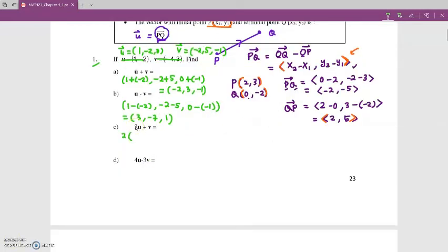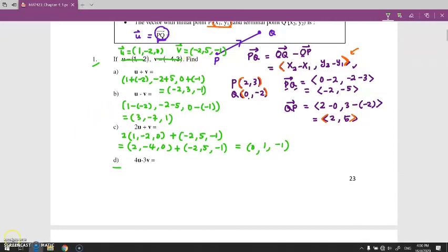For C, 2U plus V. So this one you will get (2, -4, 0) plus (-2, 5, -1). So you will get 0, negative 4 plus 5 is 1, 0 minus 1 is negative 1. Then you can continue with D.